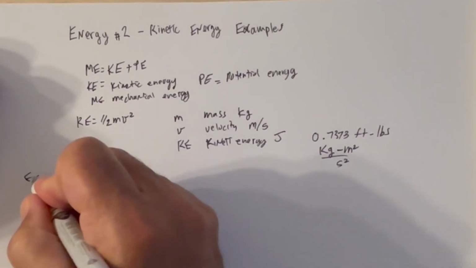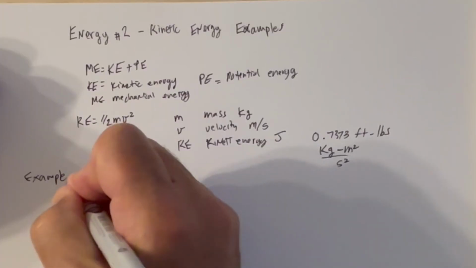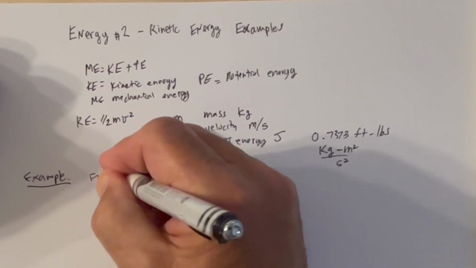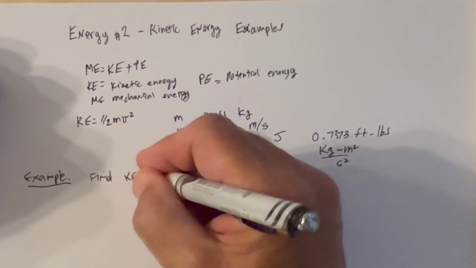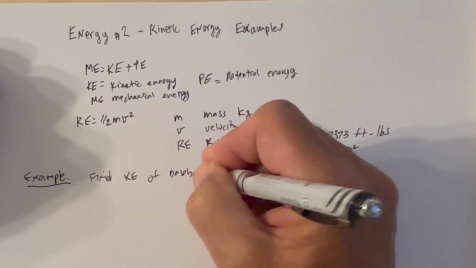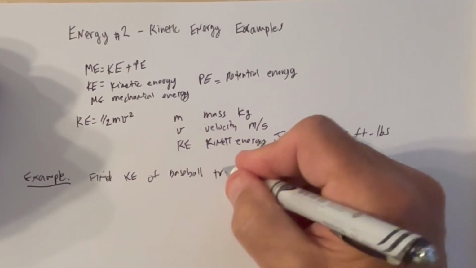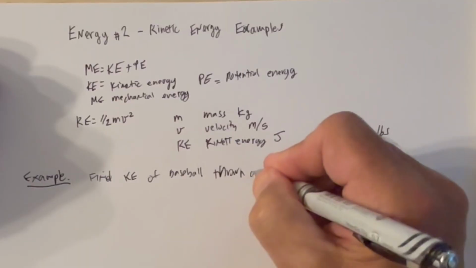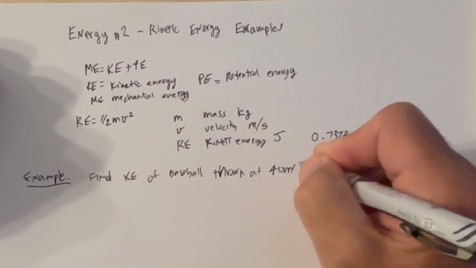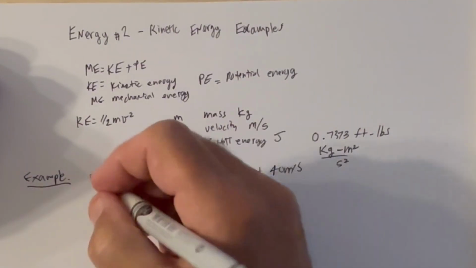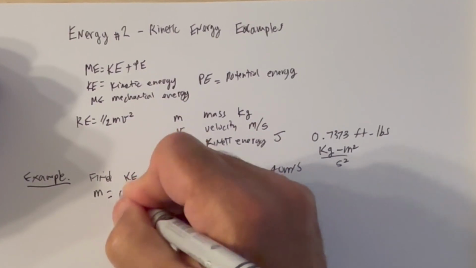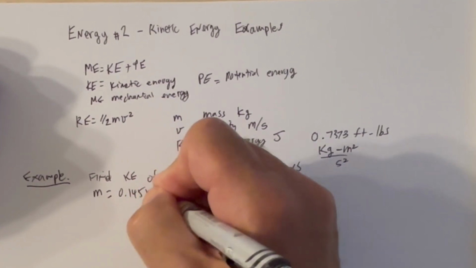Let's look at an example here. We want to find the kinetic energy of a baseball thrown at 40 meters per second. The mass of a baseball is 0.0145 kilograms.